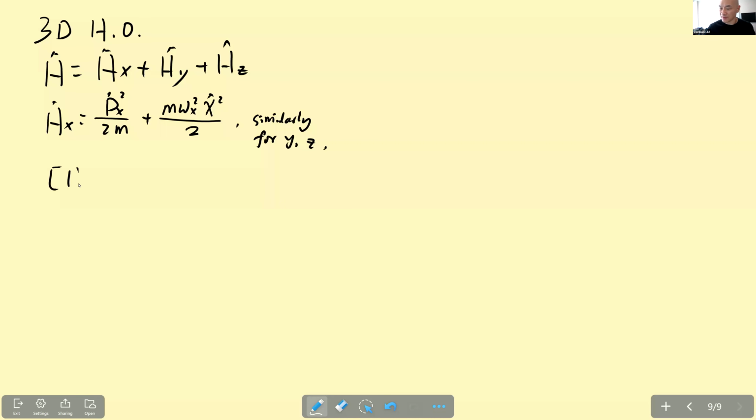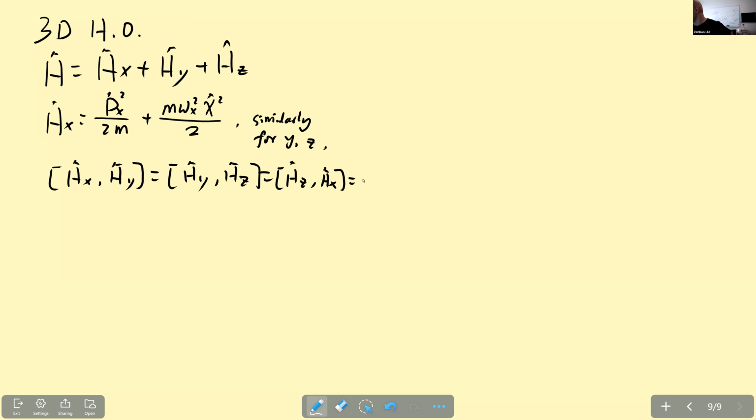And also, of course, you have these 3 components. They commute with each other. That's one thing you probably want to notice.